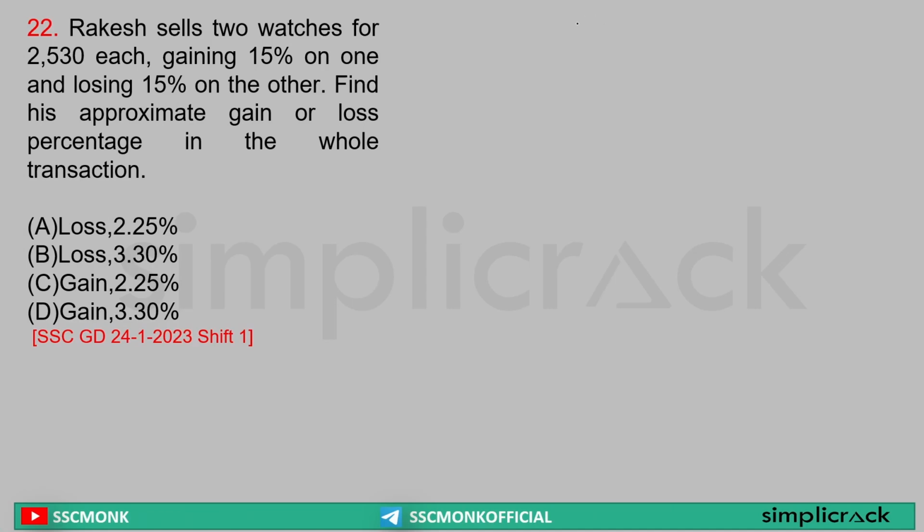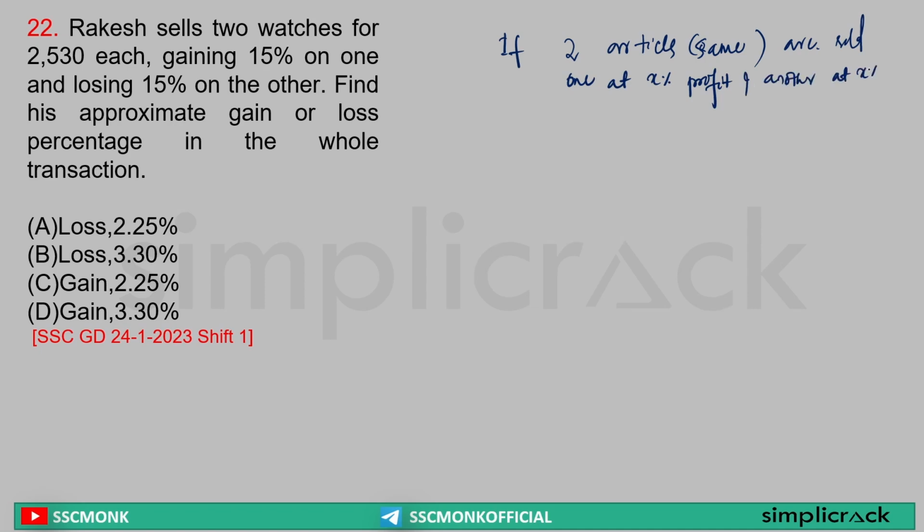But if you come across a question where two articles, same objects, let's say same types, are sold, one at X% profit and another at X% loss, then the actual loss or overall loss percentage is equal to X square by 100%.